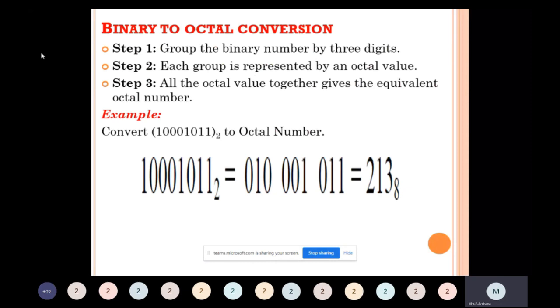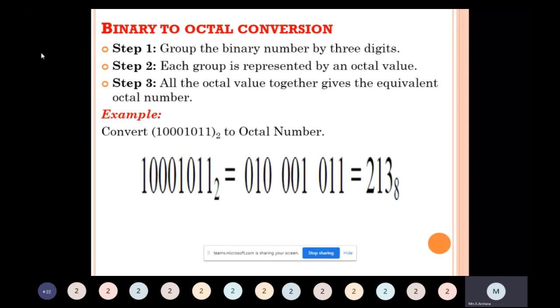The first one is binary to octal conversion. From the heading itself, we have to decide: binary has the radix 2, octal has the radix 8, with values 0 to 7. They will give you one binary number, and we have to convert that binary number into an octal number.